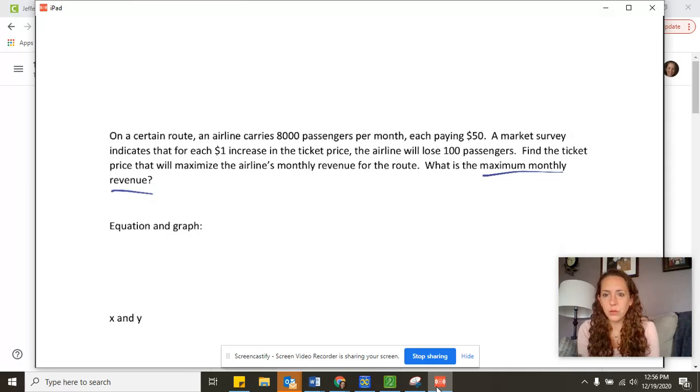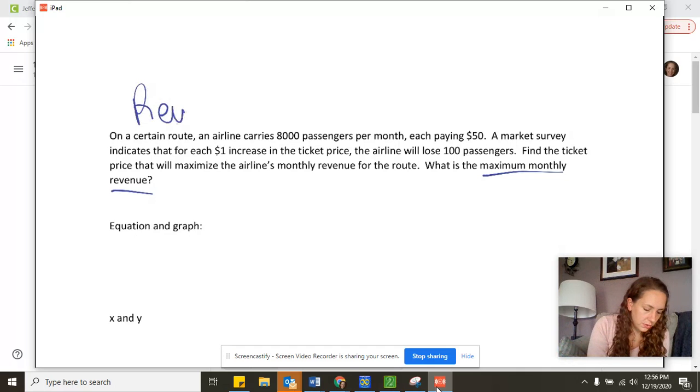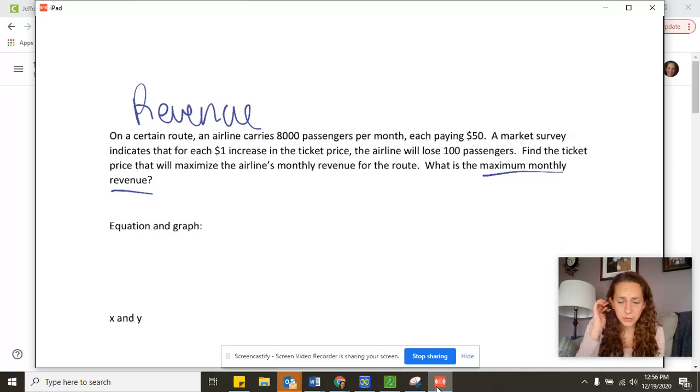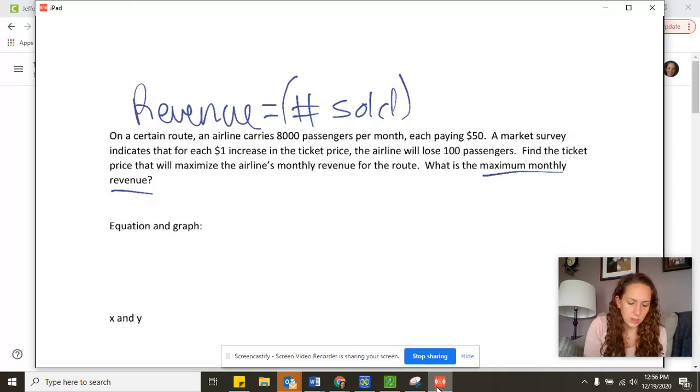So what is revenue? Well, revenue is how much money they're bringing in. So in order to maximize that, we need to figure out what the revenue is. So generally, revenue, that's horrible handwriting, but that says revenue, is the number sold of whatever it is you're selling times the price.